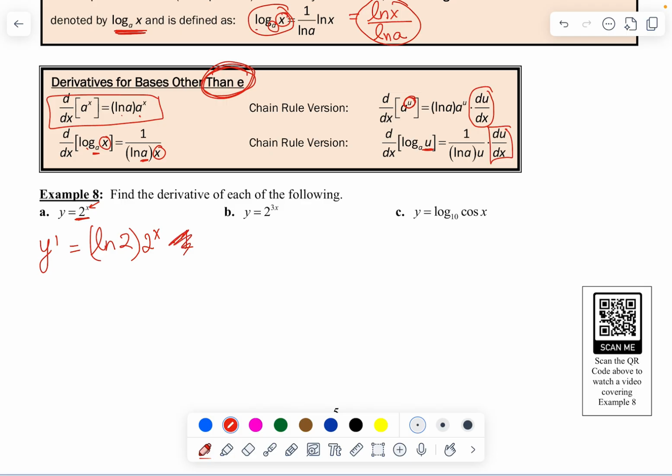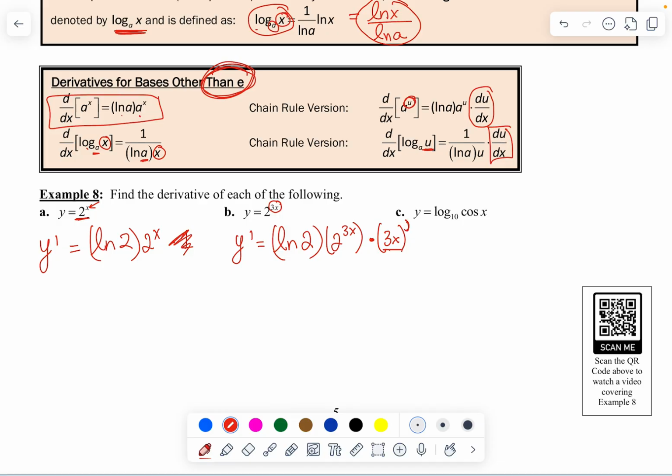But here, the function, the u, is going to be 3x, right? So this is in the form a to the x. So its derivative is going to be ln of the a, which is 2, times 2 to the 3x, times the derivative of u, which is 3x.